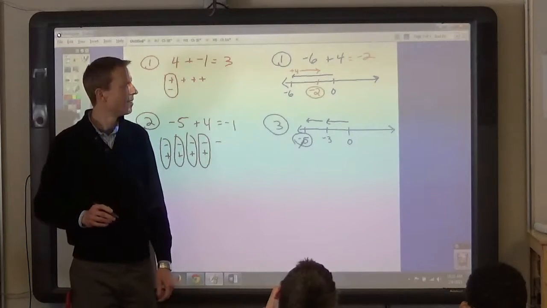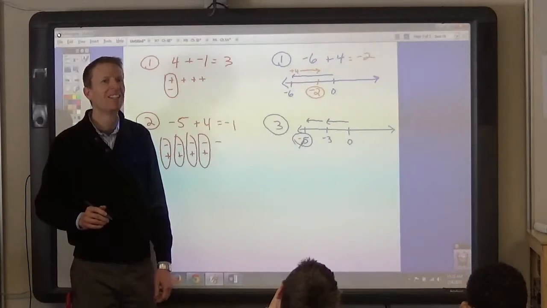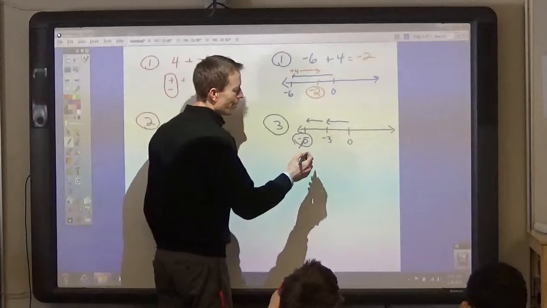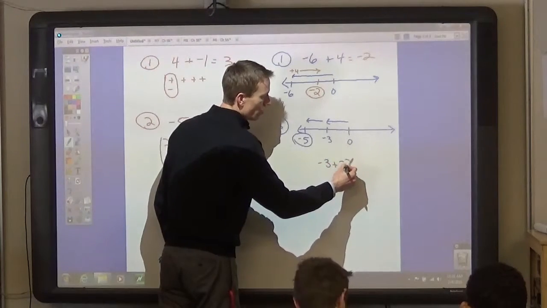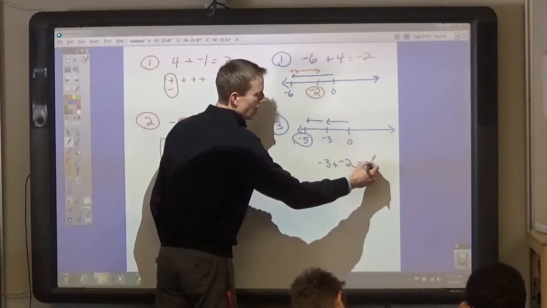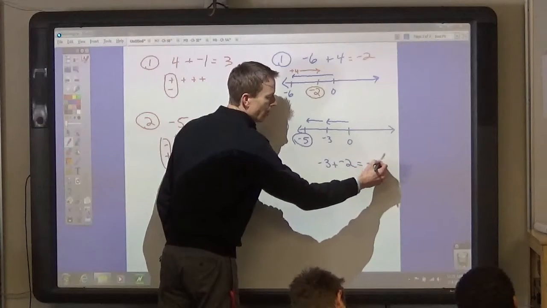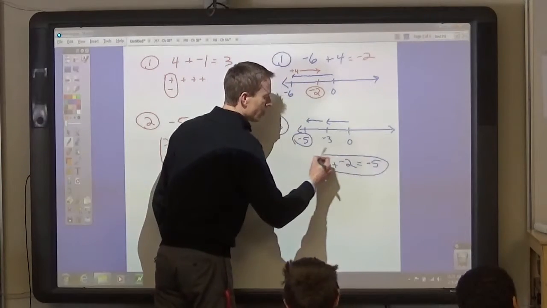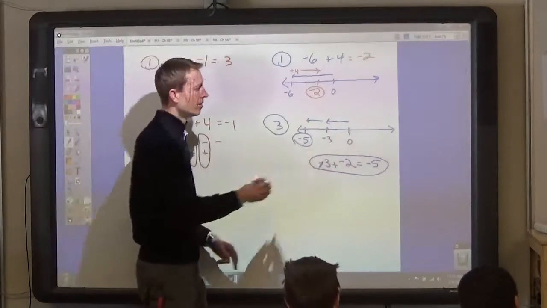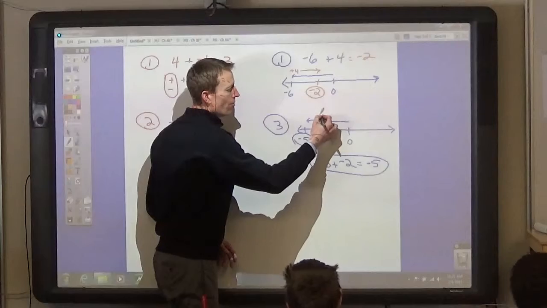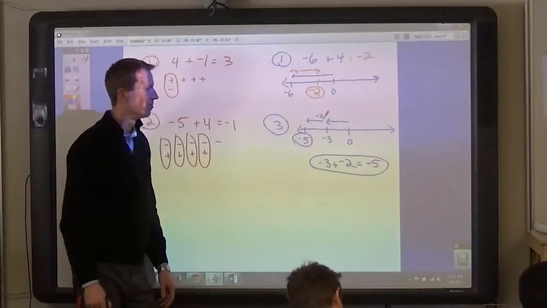Is it negative 3 plus negative 2? Yes, it is. This is negative 3 plus negative 2 equals negative 5. This is a move of negative 3 and a move of negative 2.